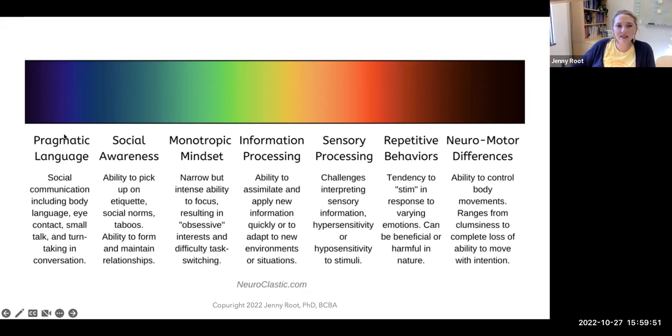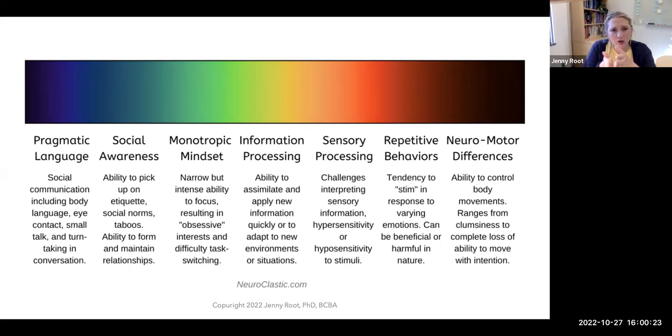So it could be related to pragmatic language, the social communication, how both me emoting or demonstrating my communication with you, but then also understanding what you're doing and why. So small talk, nonverbal cues related to social awareness. So can they pick up on etiquette incidentally, or more likely, we need to make things really explicit.